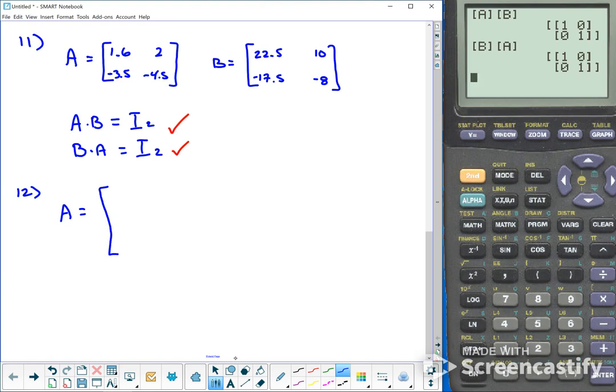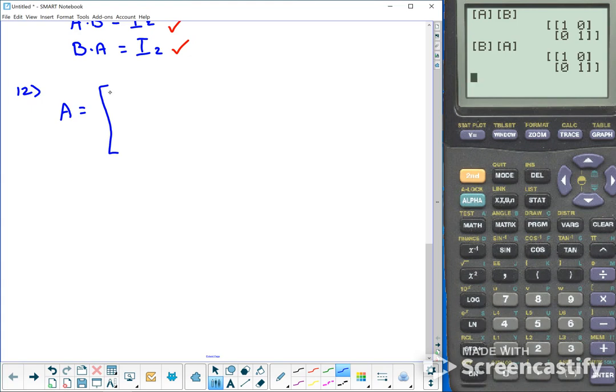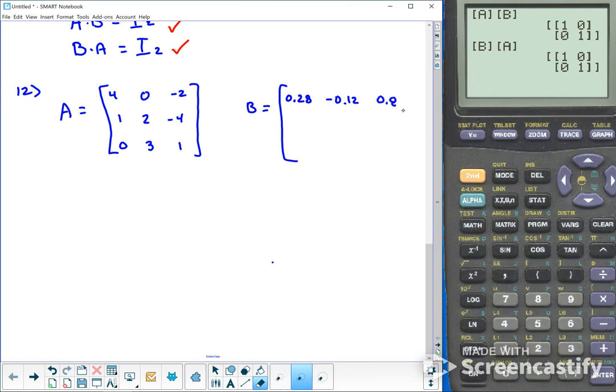This is 4, 0, negative 2, 1, 2, negative 4, 0, 3, 1, and matrix B: 0.28, negative 0.12, 0.08, negative 0.02, 0.08, 0.28.